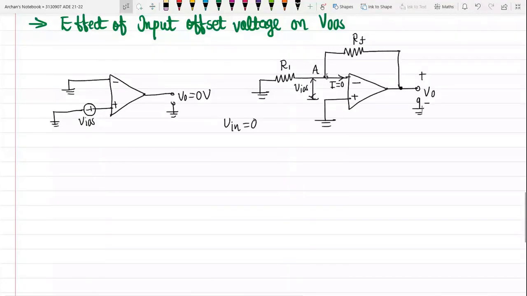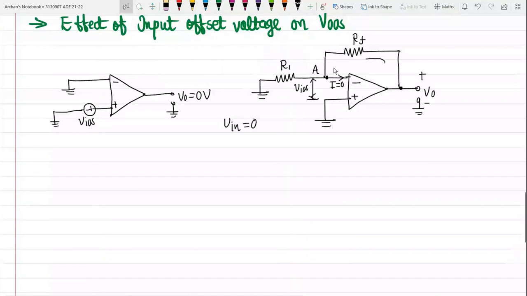Okay, now let us try to find out the current flowing through it. Okay, so this is the condition. Current is entering into the input terminal like this, and output voltage and current is fed back via this feedback resistor. Okay, so there will be a flow of current like this. Now I'm interested in finding out this value of current.